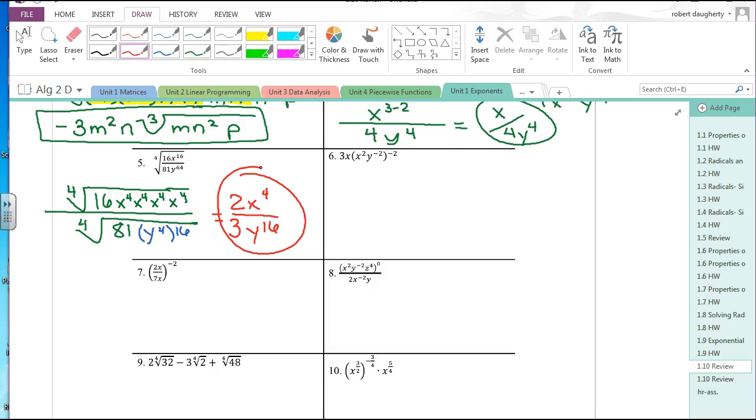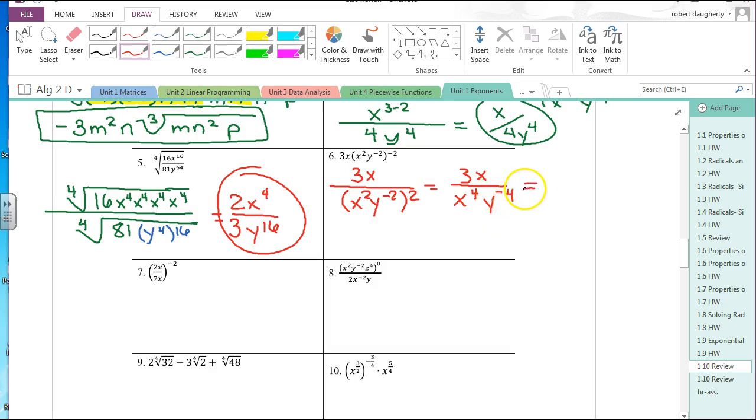Number 6. So what's in the parentheses is being raised to the -2 power. Let's move all of that to the denominator, and we raise that to the 2nd power. So this is 3x over x to the 4th, y to the -4th.